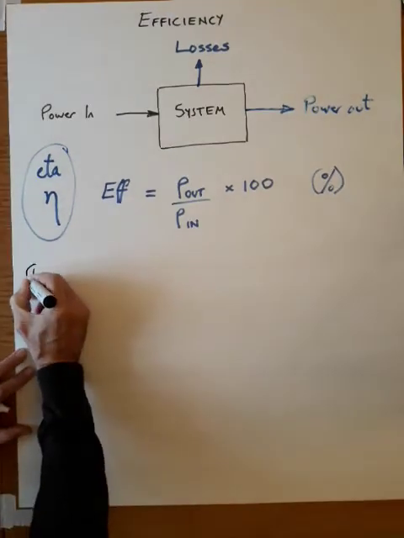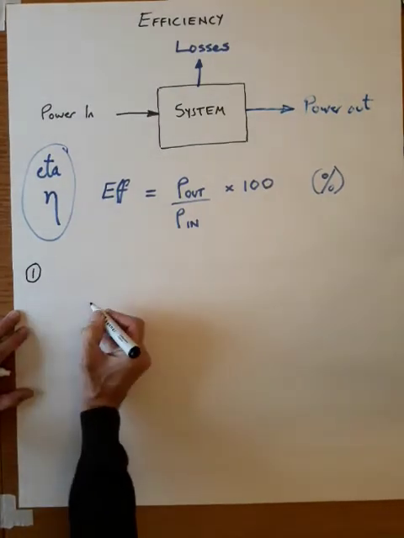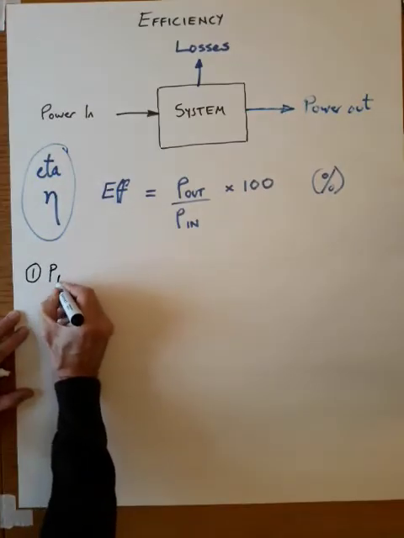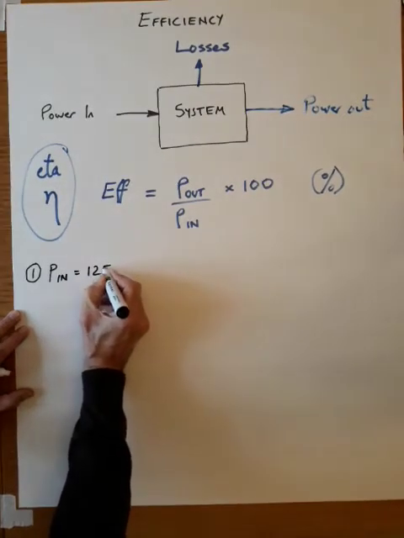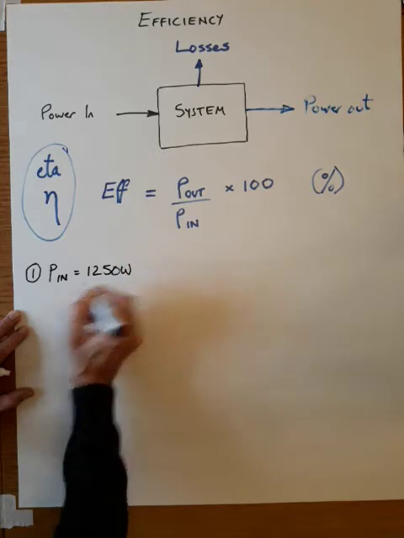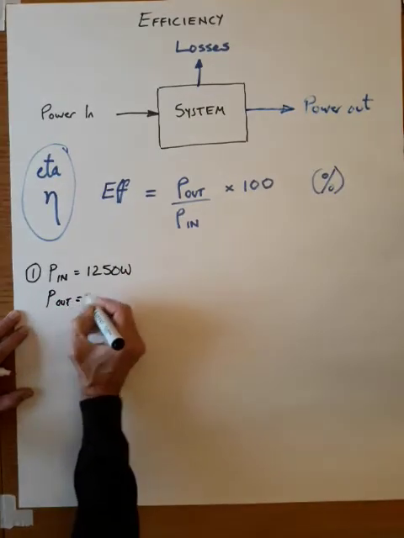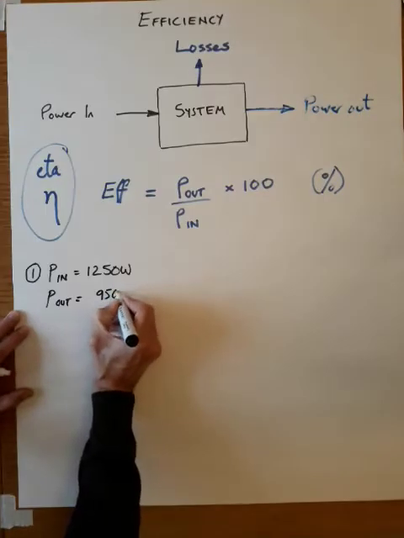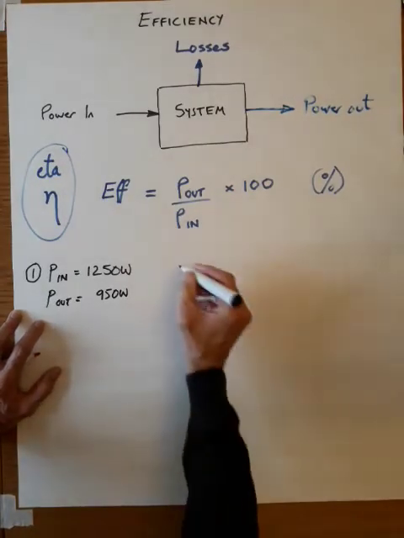So example 1. In this particular system, I'll say that the input power is 1250 watts. The output power is 950 watts. Find the efficiency.